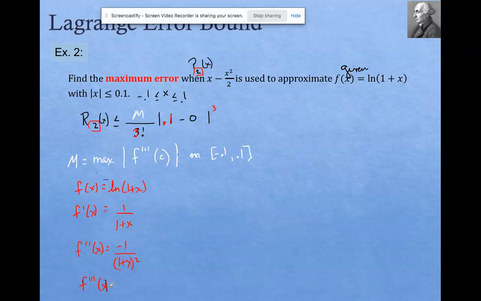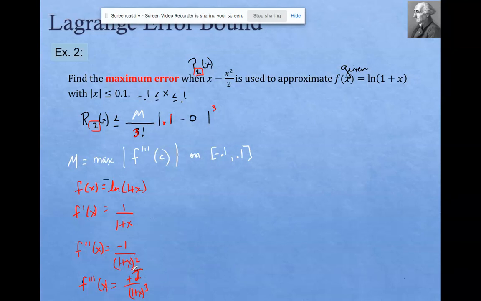And the third derivative, oops, sorry. I'm going to bring down a negative 2, multiply times that negative 1, so I'm going to get a positive 2 times the derivative of 1 plus x, which is just 1, and I can stop, right?